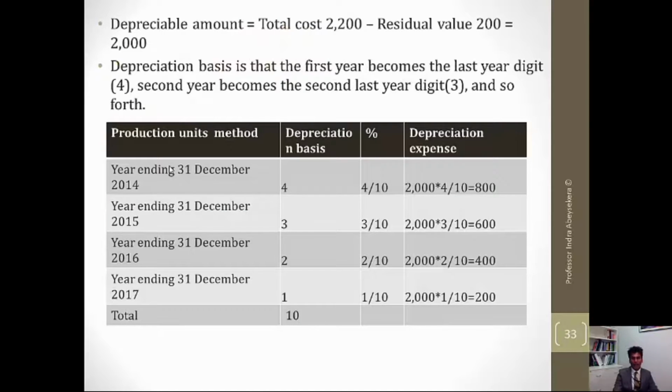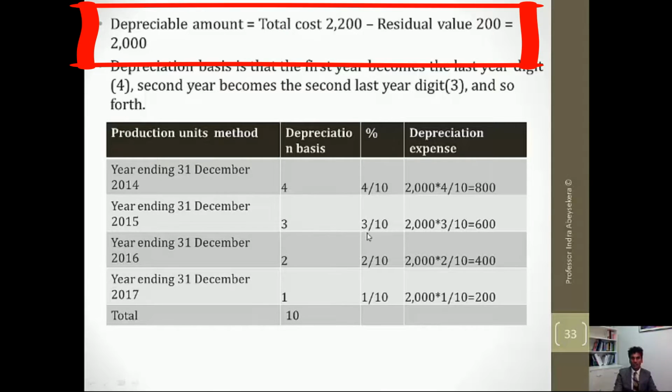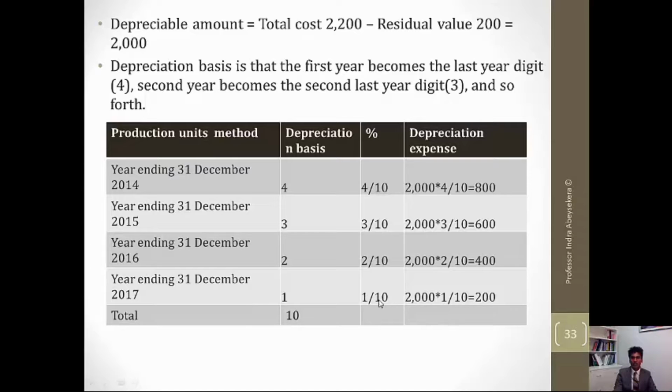When we apply that, you see here the depreciation basis is 4 divided by 10, 3 divided by 10, 2 divided by 10, 1 divided by 10, and we apply the depreciable value to that. We get 800, 600, 400, 200.